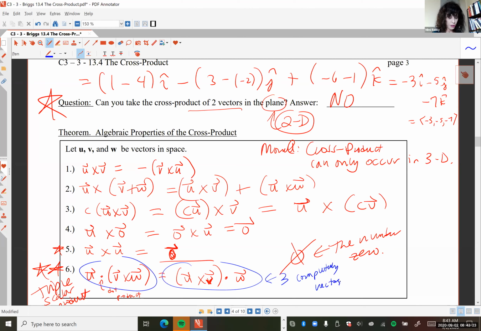In this true-false problem, I don't have a u and a v and a w going on in that conversation. I simply have a u and a v. So I get that number 6 kind of has the look like you're taking a dot product and there's also a cross product involved, but it's not even coming into the situation for this true-false.